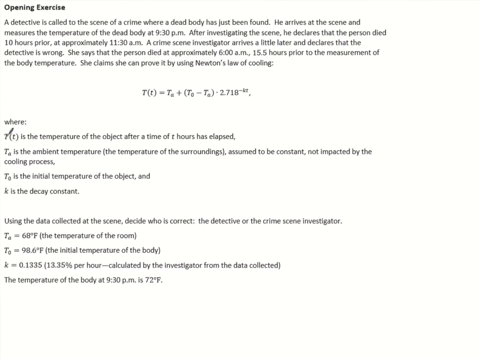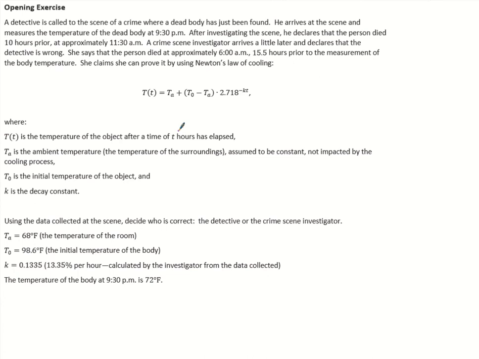T of lowercase t, because we have uppercase and lowercase t's here, is going to be the temperature of the object after a time of t hours has elapsed.